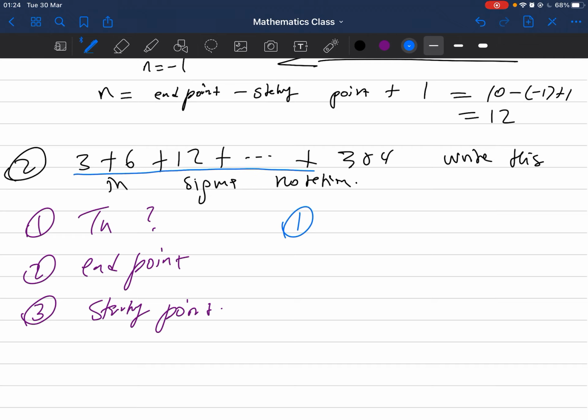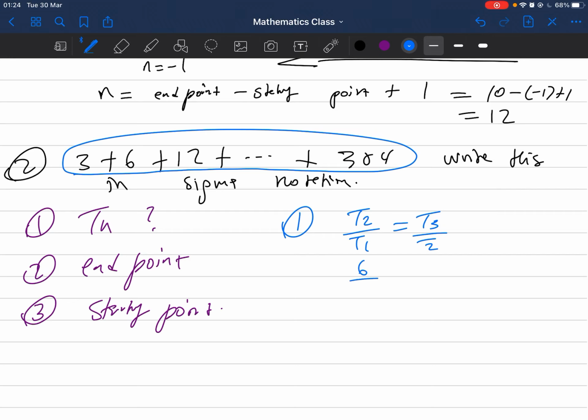First thing, your Tn. This is the sequence we have. Firstly, you need to identify if this is an arithmetic sequence or geometric sequence. To identify if it's a geometric sequence, you need to check if T2 over T1 is equal to T3 over T2. T2 is 6, T1 is 3, T3 is 12, T2 is 6. 6 over 3 is 2, 12 over 6 is 2.